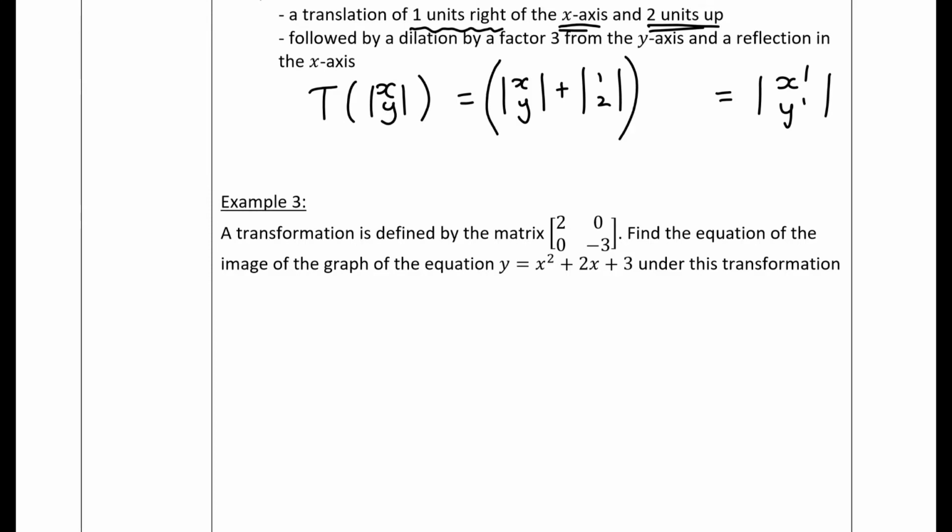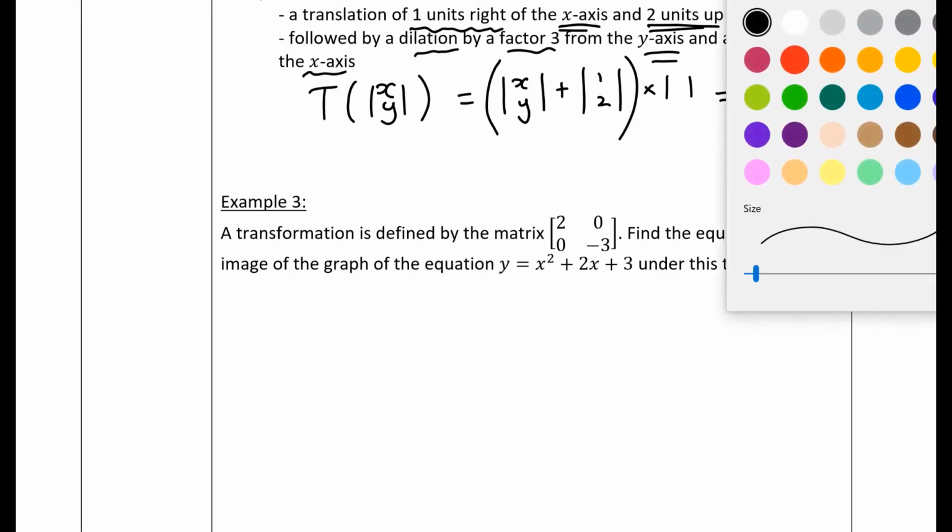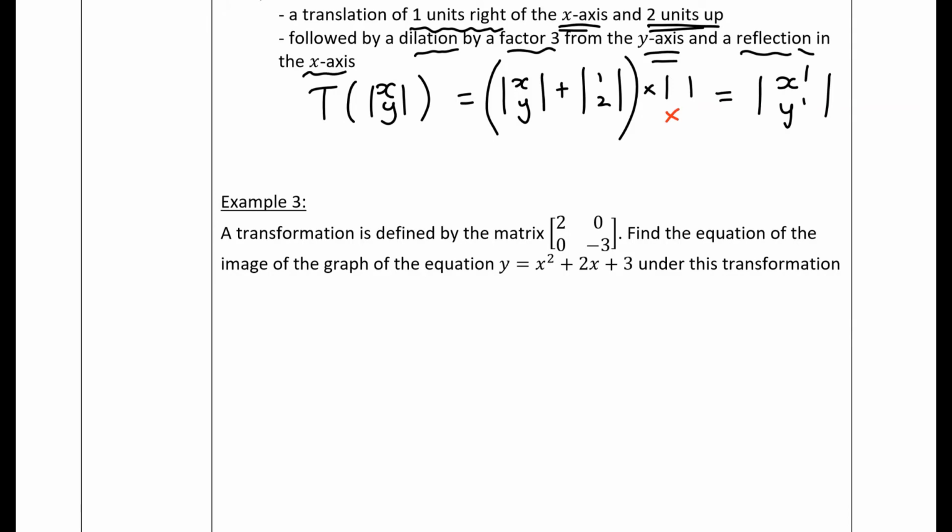After that happened, we then have to dilate by a factor of 3 from the y-axis and then reflect in the x-axis. So you'd be forgiven for thinking, well, now I'll multiply by my dilation matrix. But that would actually be incorrect. Now, when we get to matrices, you'll learn that A times B is not B times A. So when you first learned matrices last year, I'm hoping that you'll remember that the order really matters.